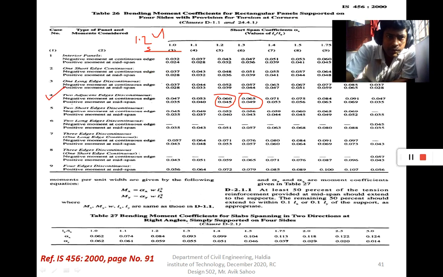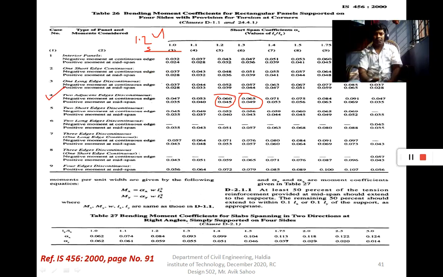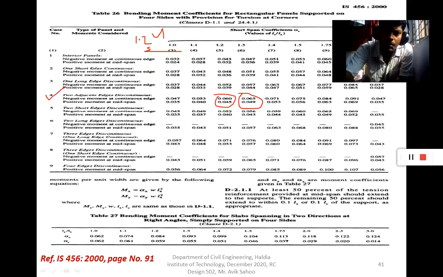You see that the negative moment coefficient at the continuous edge is 0.060 at 1.2 and 0.065 at 1.3. So linear interpolation is carried out. If it is 1.25, then how much?